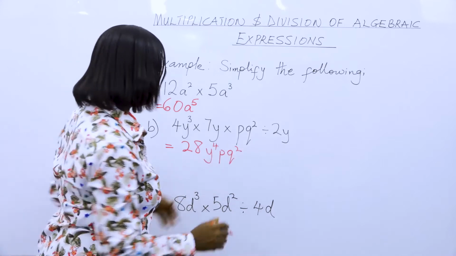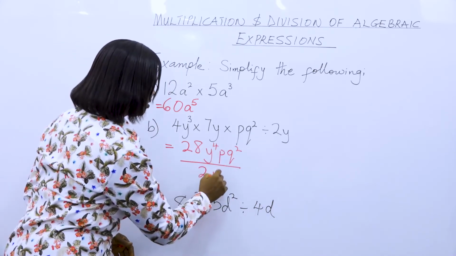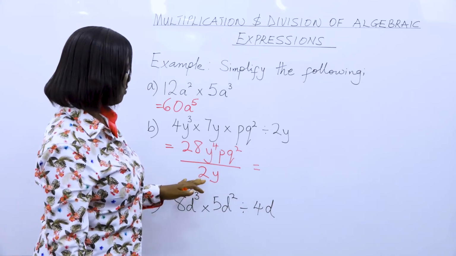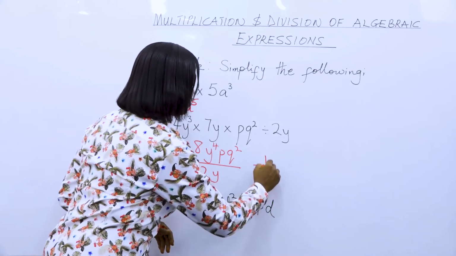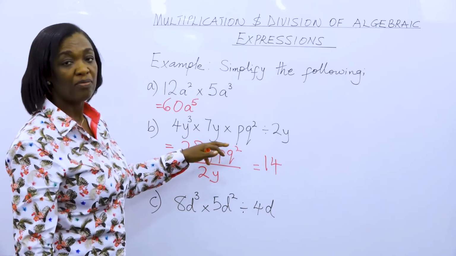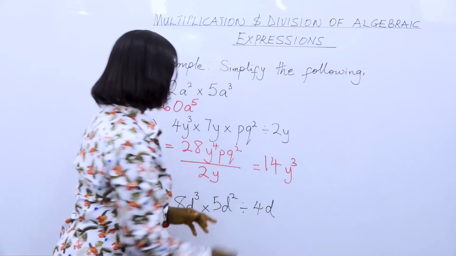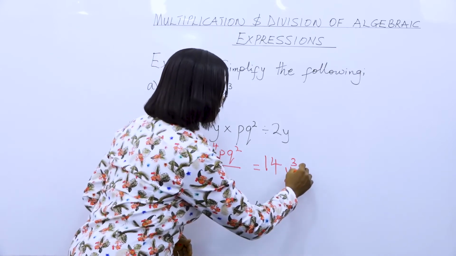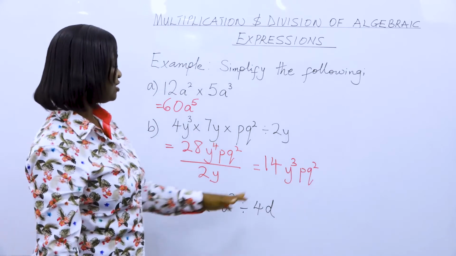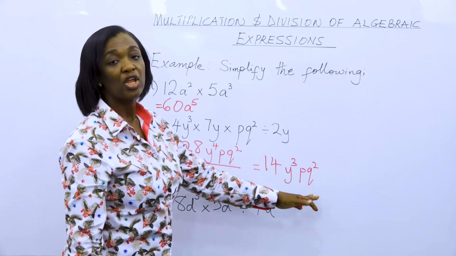And then we are dividing this by 2y. And that will give us 28 divided by 2 is equal to 14. This is y to the power 4 divided by y. So we'll have y cubed, and we still have the p q squared. So the answer is 14 y cubed p q squared.